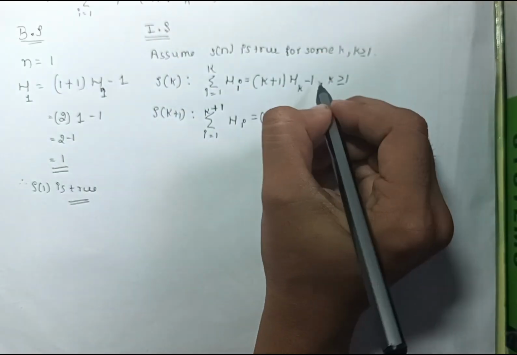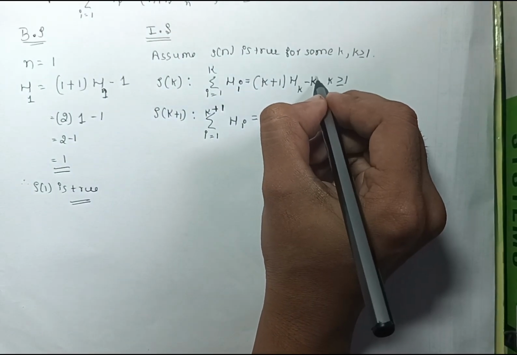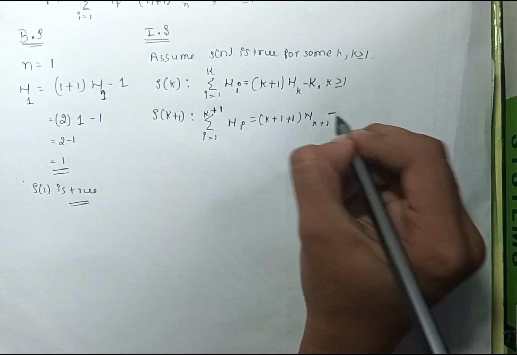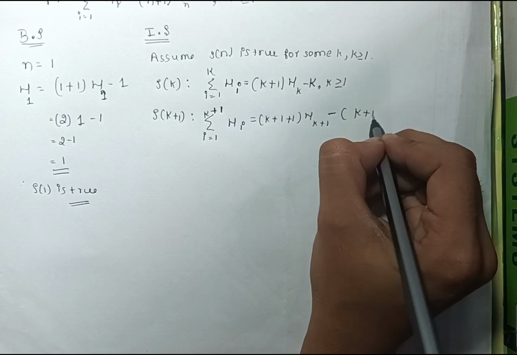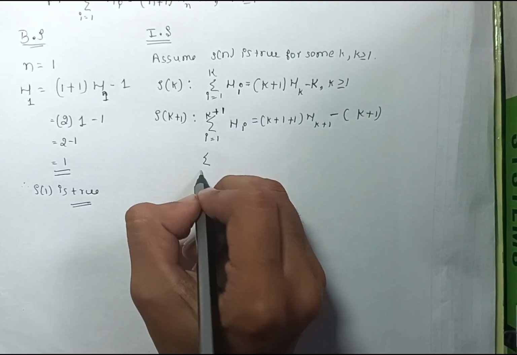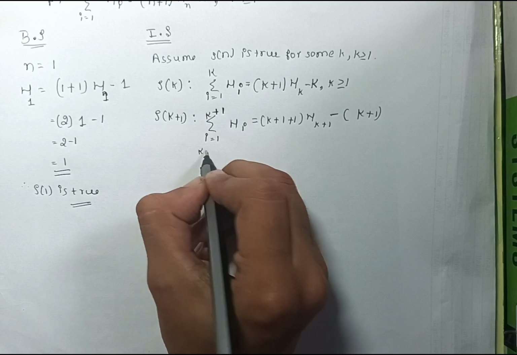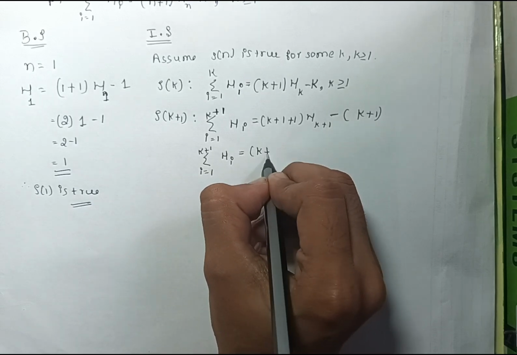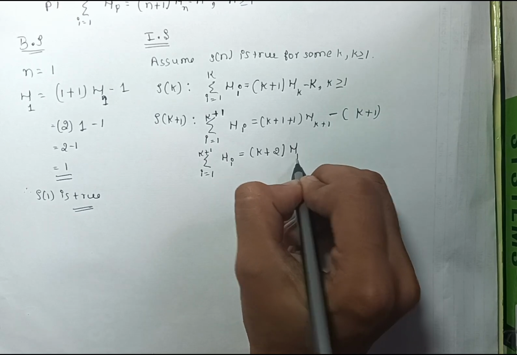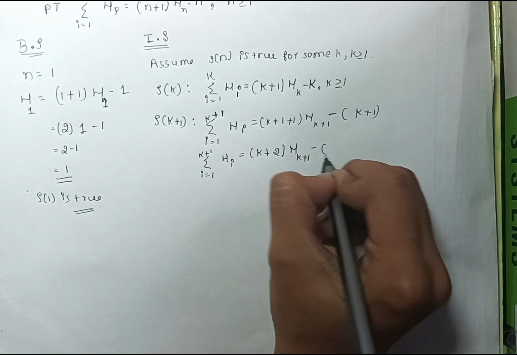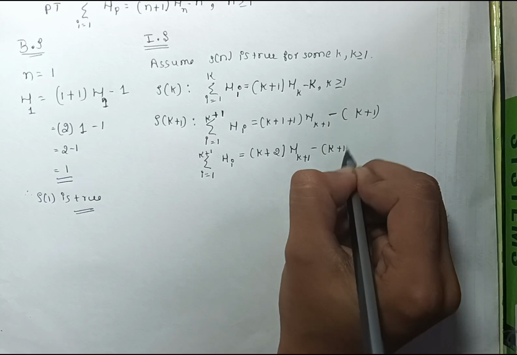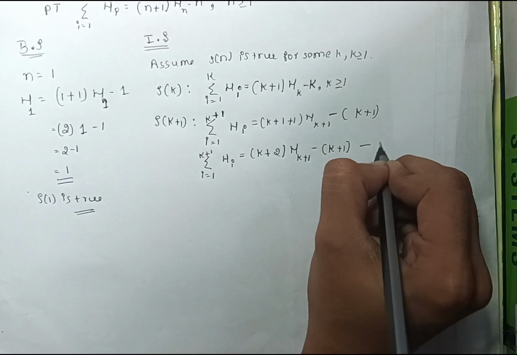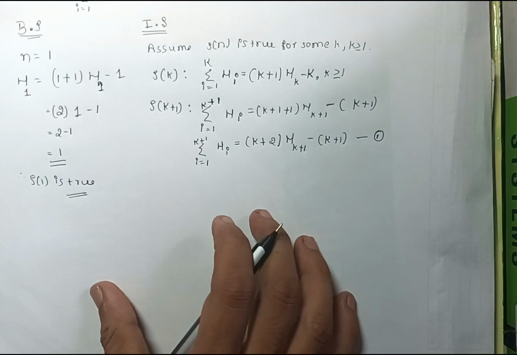Summation i equal to 1 to k plus 1 hi equals (k plus 2) h of k plus 1 minus (k plus 1). This is the equation we have to prove.